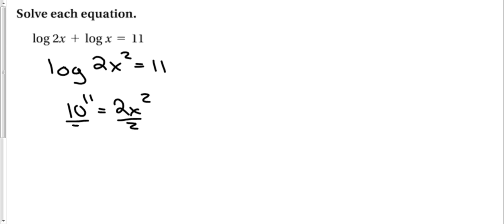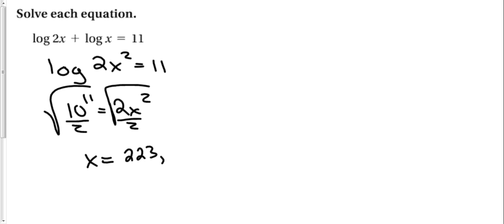So x is going to be equal to 10 to the 11th power divided by 2, take the square root. So we're going to be about 223,607. About. I will try not to put a question that is that ridiculous.